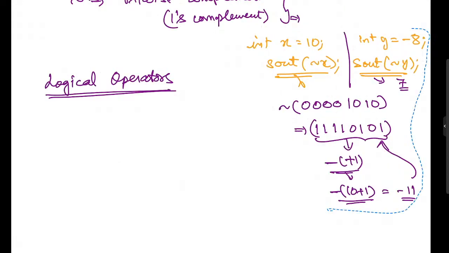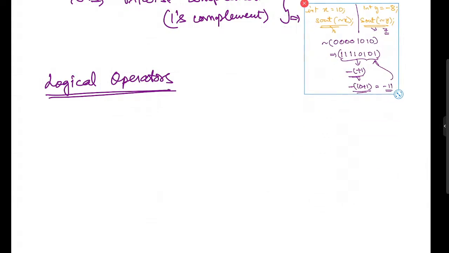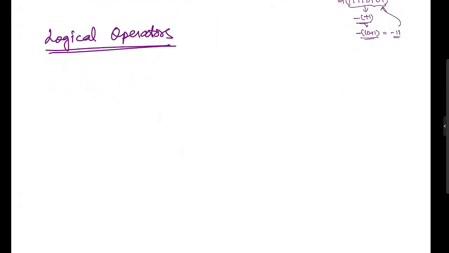The bitwise is pretty simple to understand, but there is more complication to it. So I'm going to minimize this and keep it here. So let's come to all logical operators.